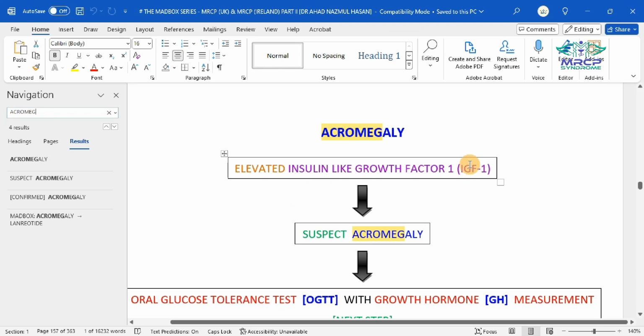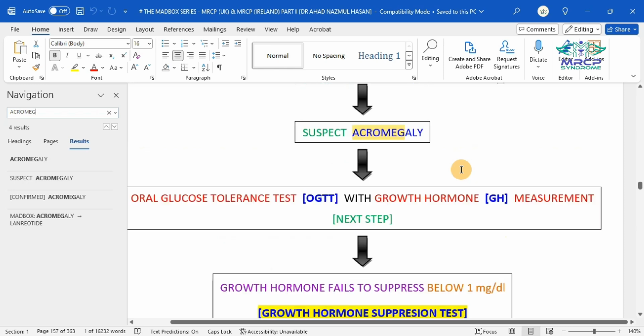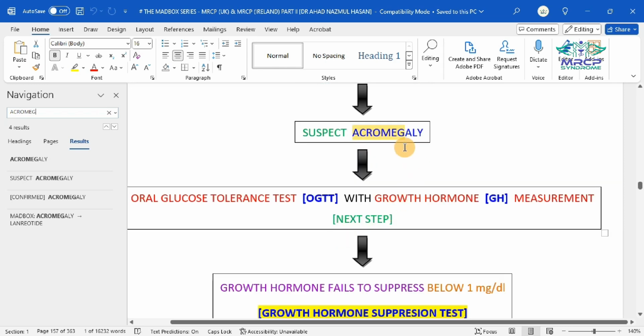The initial screening test or investigation of choice when we suspect acromegaly is the IGF-1, insulin-like growth factor, and it will typically be elevated. For confirmation of the diagnosis of acromegaly, we'll be going for the OGTT with growth hormone measurement. If the growth hormone fails to suppress below 1 milligram per deciliter, then the diagnosis of acromegaly is confirmed.